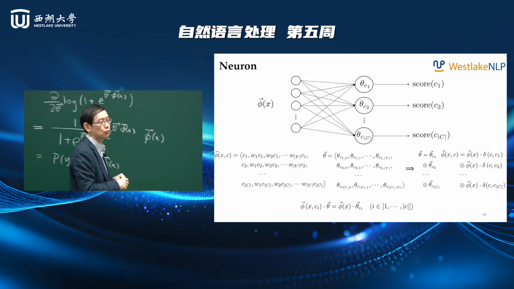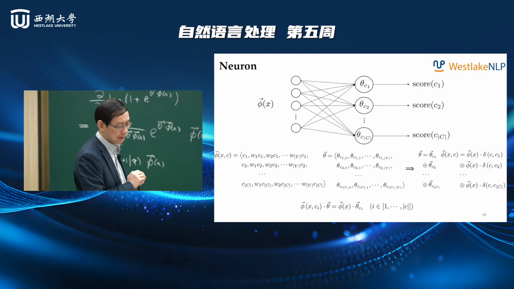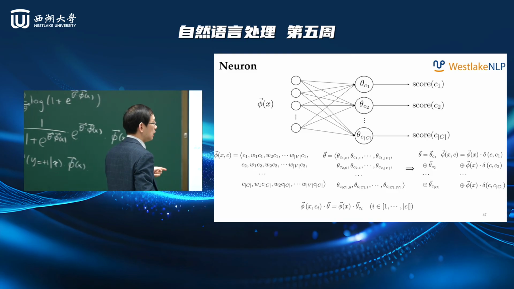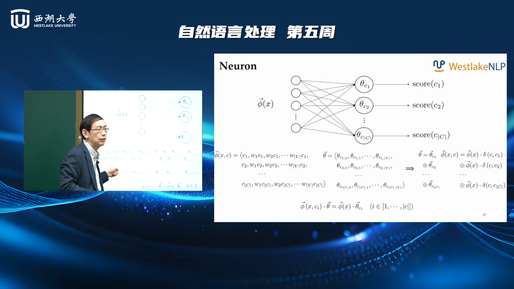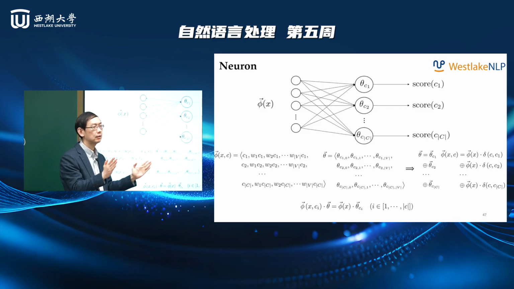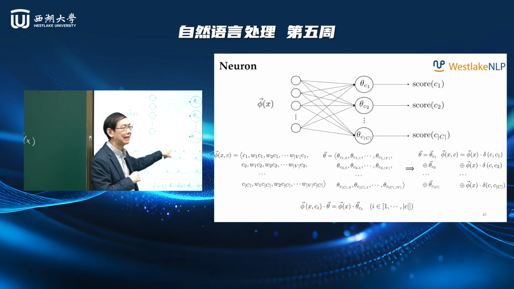Now, let's rename this a little bit. First, let's rename every row in my theta as theta c1, theta c2, until theta cC. Can we do that? So I cut this whole theta vector into C components, and each component corresponds to one class label.